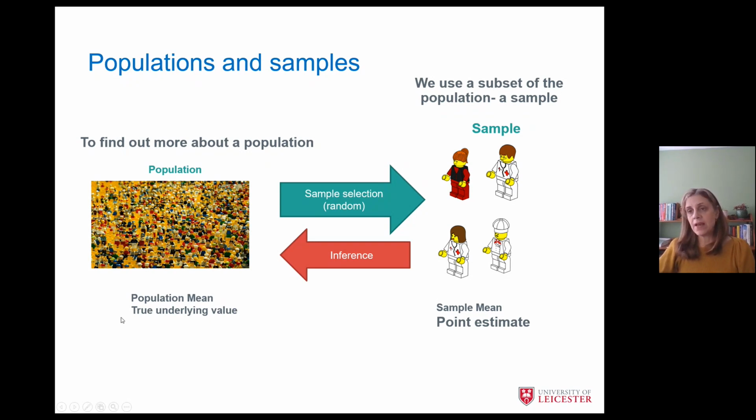At the population level, if you could look at the whole population, you'd know the true value, the true relationship that was going on. With the sample, you're making a best guess. You're collating results from a sample to decide if you think there is something going on at the population level.